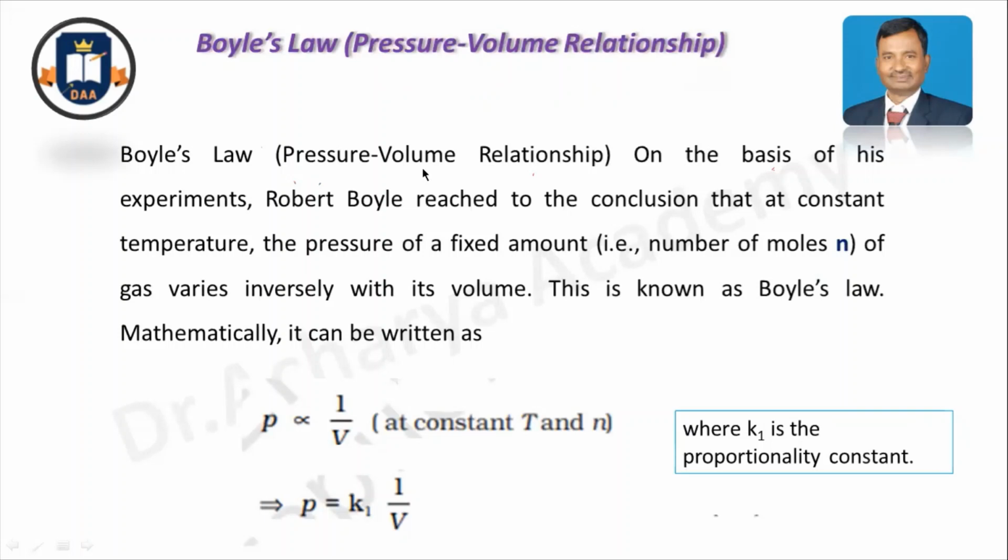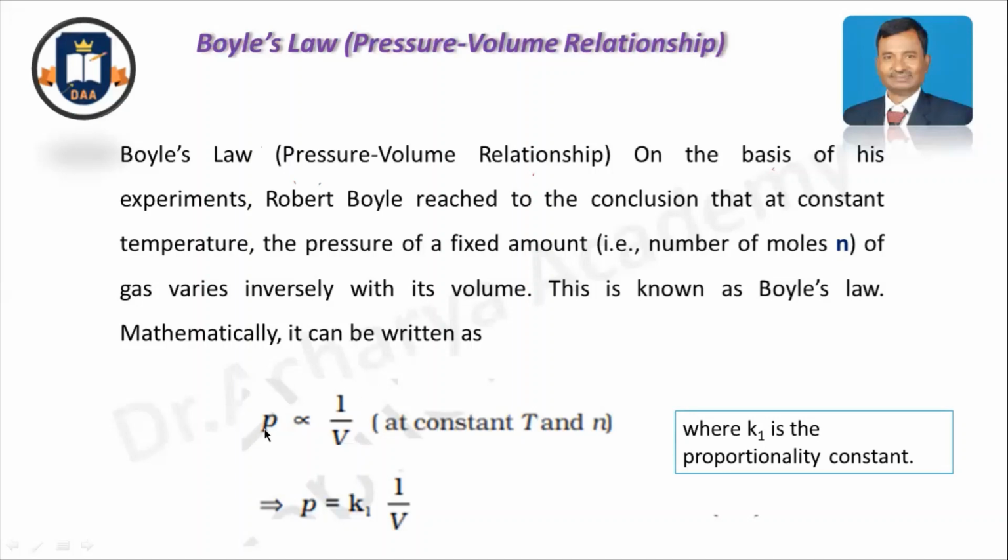On the basis of experiment, Boyle reached the conclusion that at constant temperature, and we have to mention always at constant temperature, the pressure of a fixed amount of gas, meaning the number of moles, which is denoted by the small letter n, varies inversely with its volume. This is called Boyle's law.